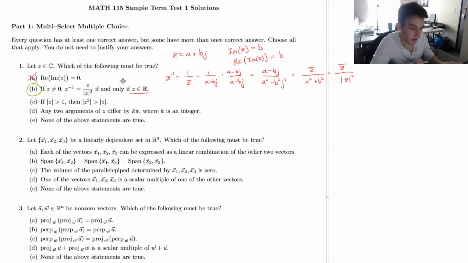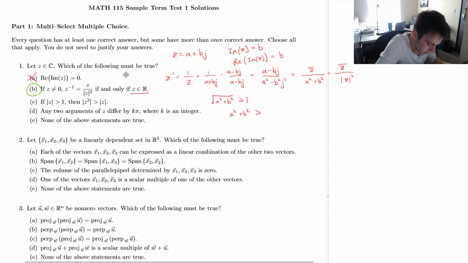So next one. If the magnitude of z is greater than 1, then the magnitude of z squared must be greater than the magnitude of z. This one is also pretty straightforward. It's basically saying that if a squared plus b squared, that's the magnitude, is greater than 1, then a squared plus b squared must also be greater than the square root of this number.